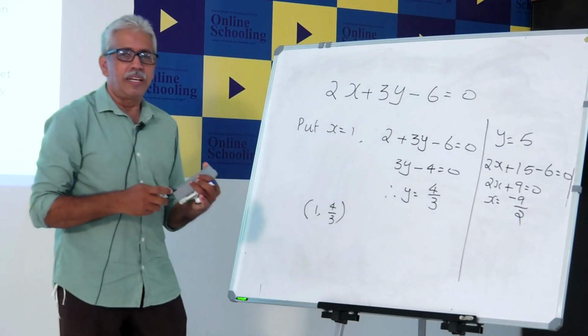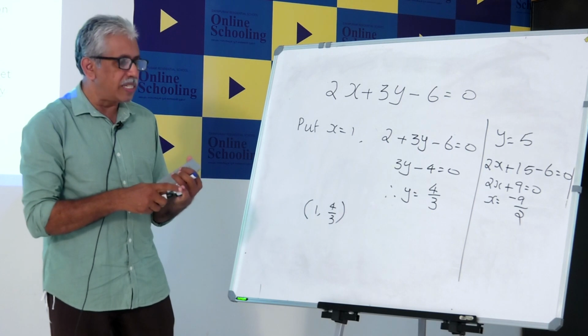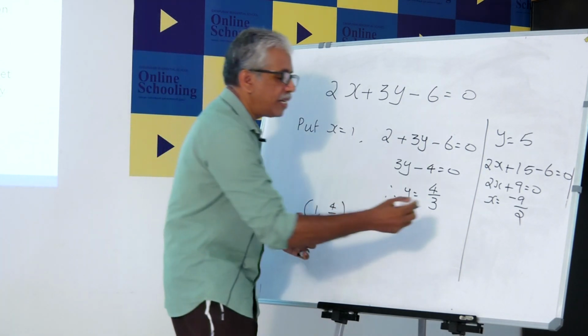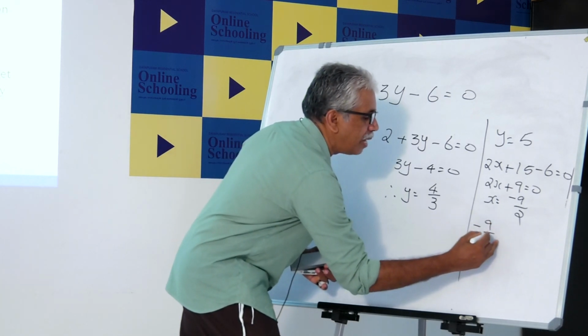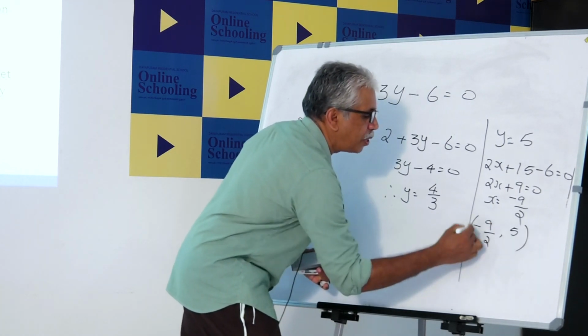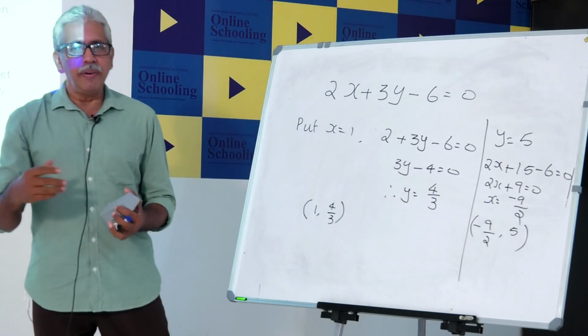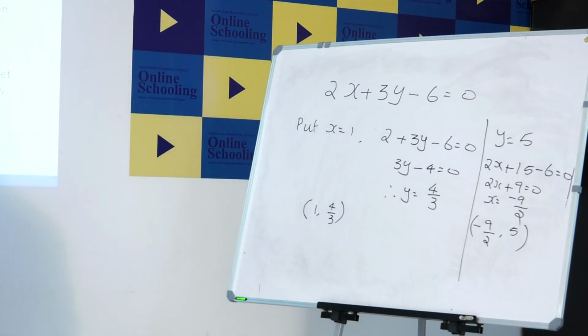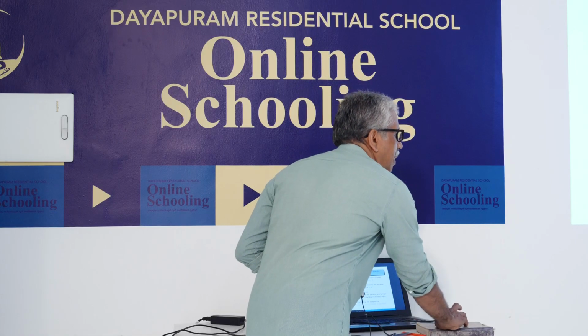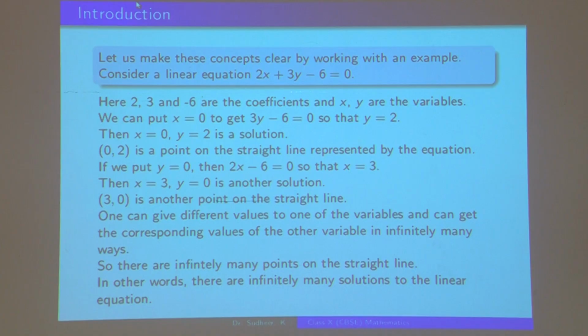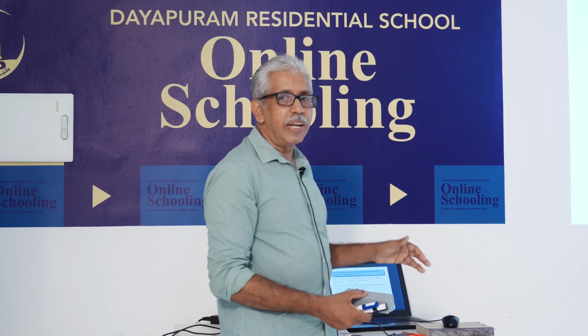So you get another solution, x equal to minus 9 by 2, y equal to 5, or in that case you get the point (-9/2, 5) to be on the straight line. In this way, you can give various values to the variables to get different points on the straight line. In other words, there are infinitely many points on a straight line, so there are infinitely many solutions for a linear equation.